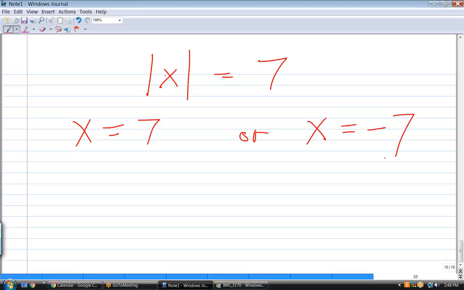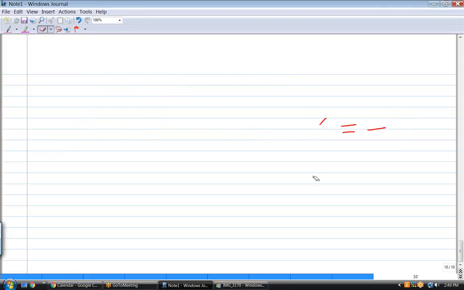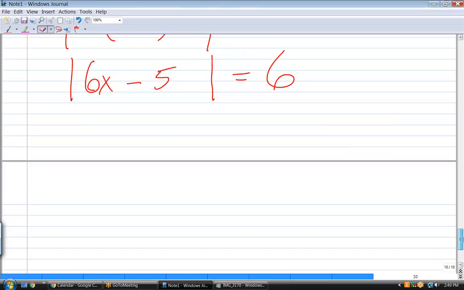And you can always say that, regardless of what's inside the absolute value. If that was x minus 10, then I would say x minus 10 is equal to 7, or x minus 10 is equal to minus 7. Right. Okay? So this is a very important concept, and it can apply to our problem. So what two statements can I make?